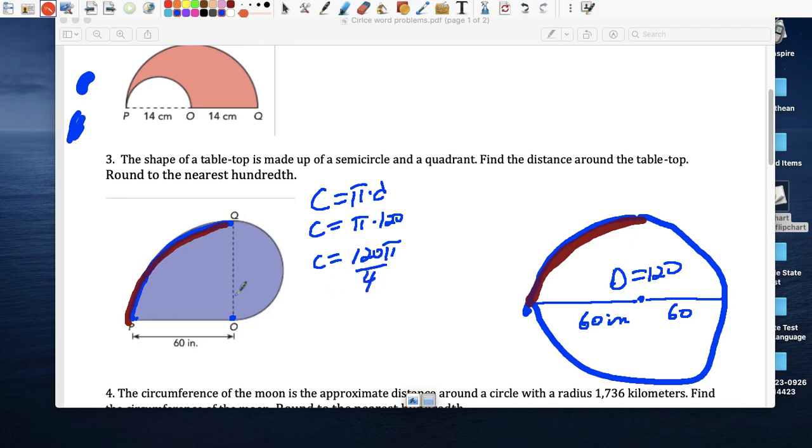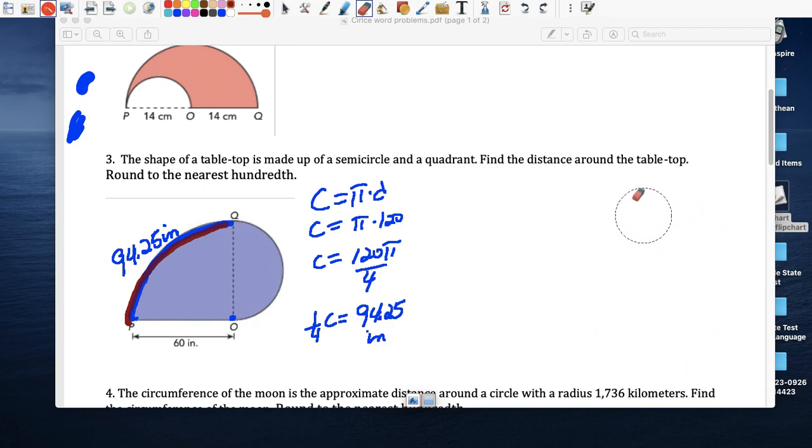That quarter circumference is equal to 94.25 inches. So I'm going to write it right on top. That's done. Now, I want you to focus on this guy right here.